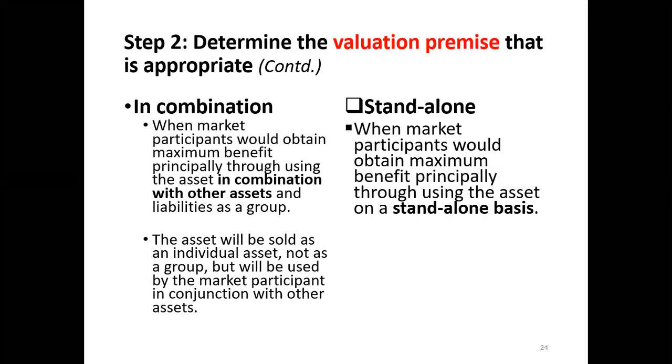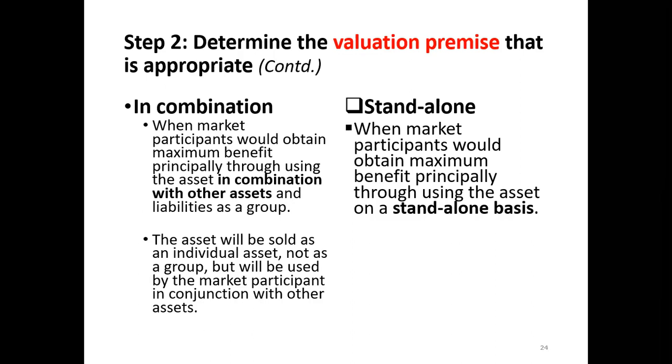But instead, if the market perceives that we can maximize the profit if we continue to use this particular land for industrial use, which is the current use, if we can make the best out of that, that is the in combination.